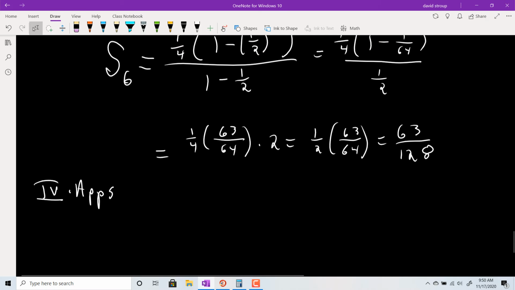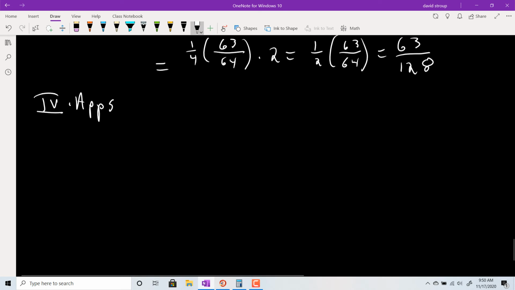Basically this is about salary again. Problem 67. A professional baseball player signs a contract with a beginning salary of $3 million for the first year, and then an annual increase of 4% per year beginning in the second year. That is, beginning in year 2, the athlete's salary will be 1.04 times what it was in the previous year.